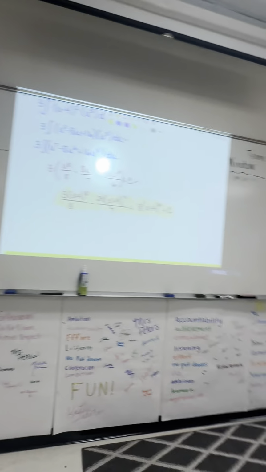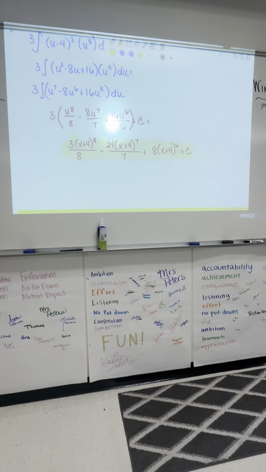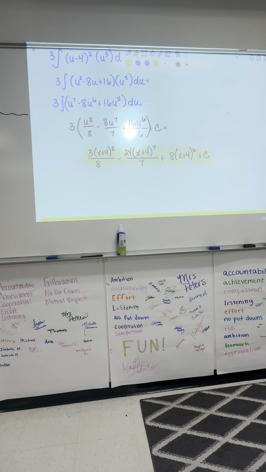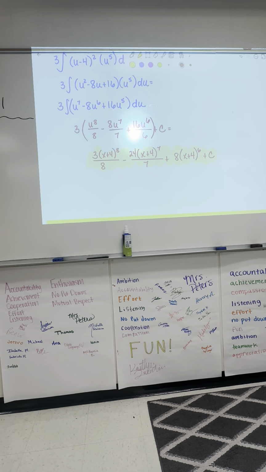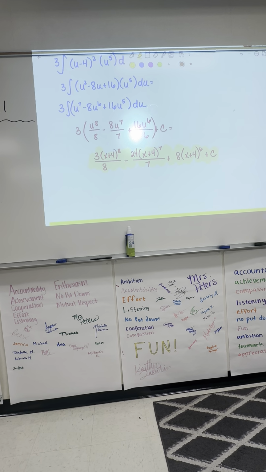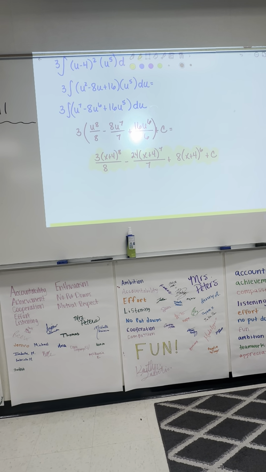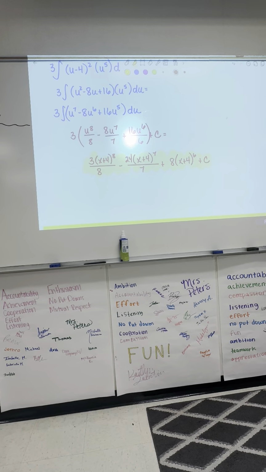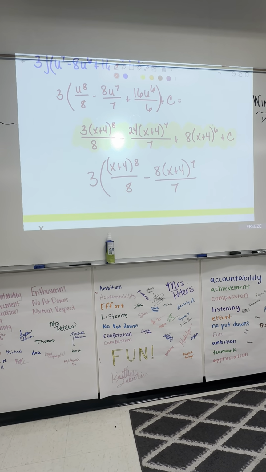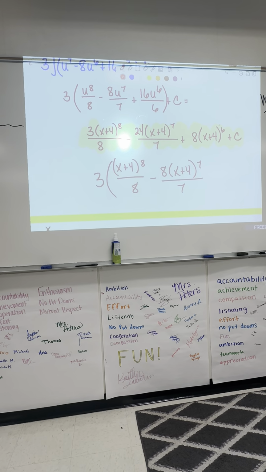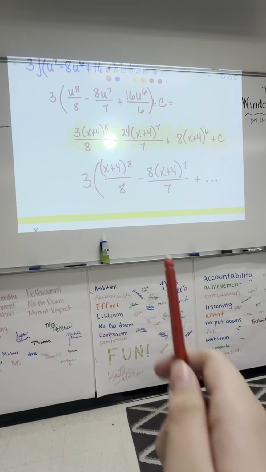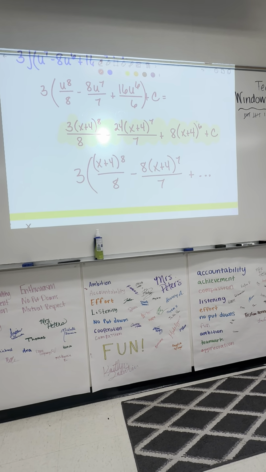So, you theoretically could also say 3 times (x plus 4) to the 8th over 8, minus 8, and so on. You could do that, and just leave the 3 on the outside.